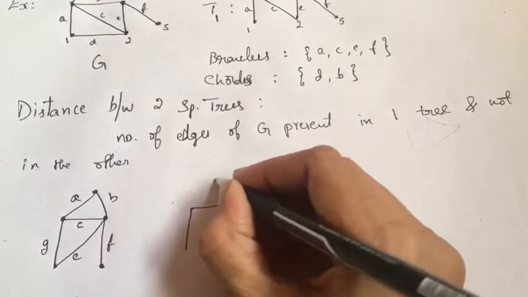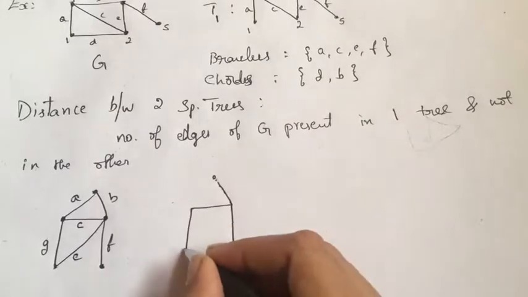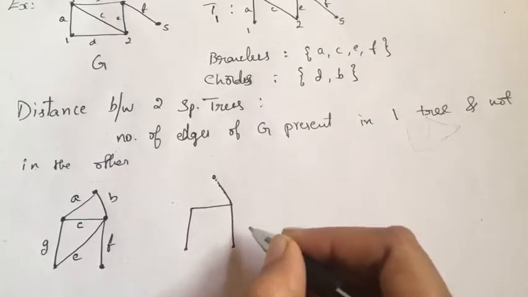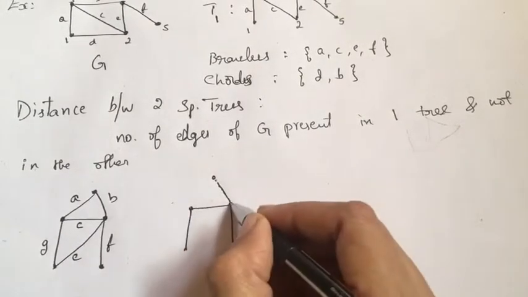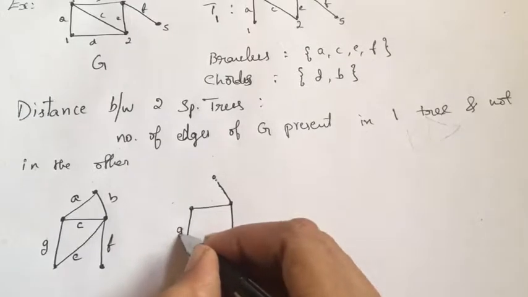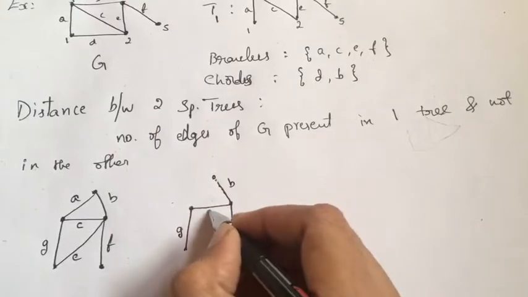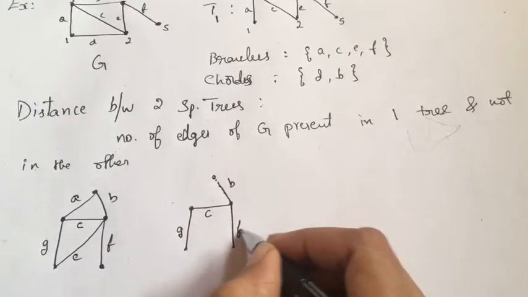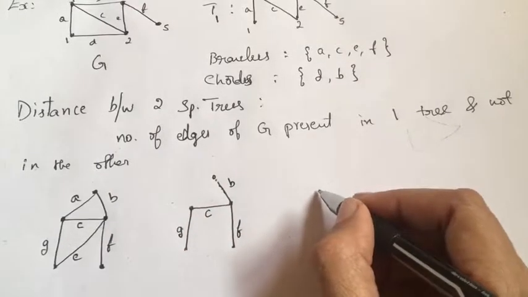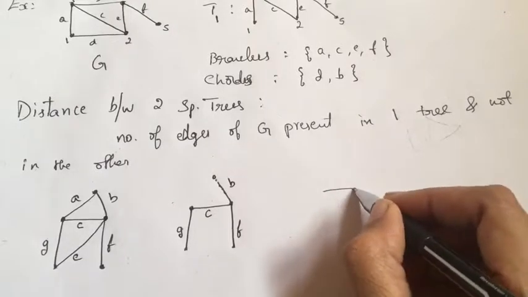Now this is my spanning tree: G, B, C and F. And another one, I'll take like this.